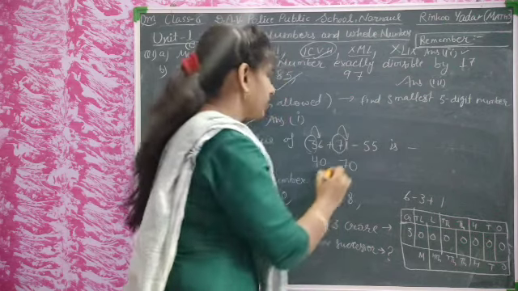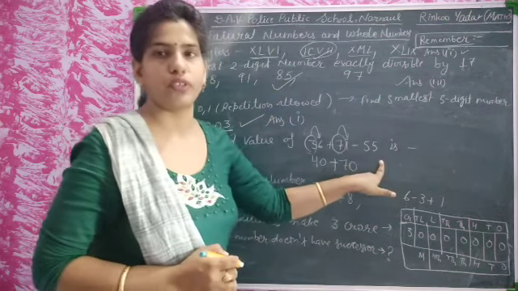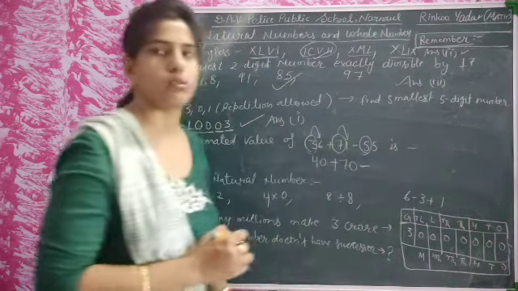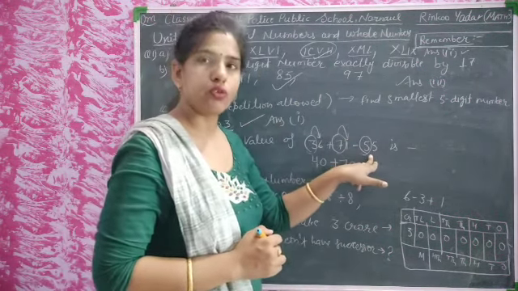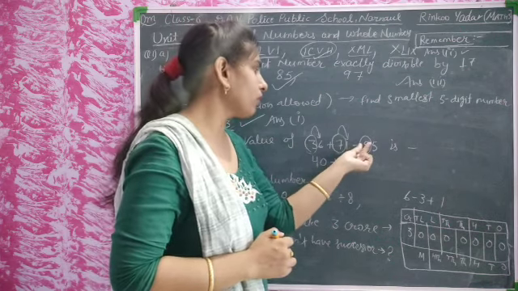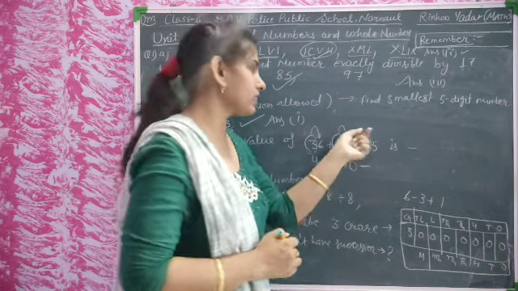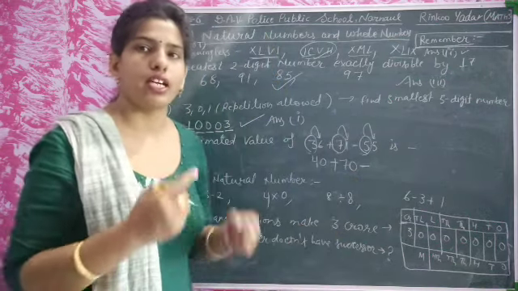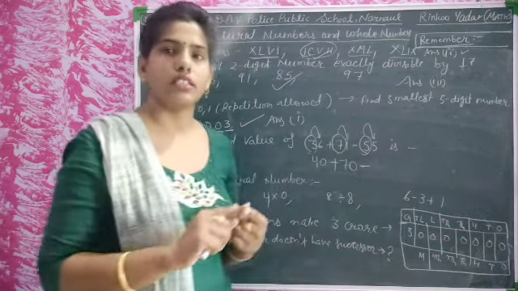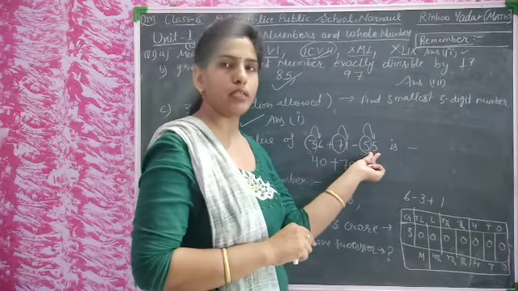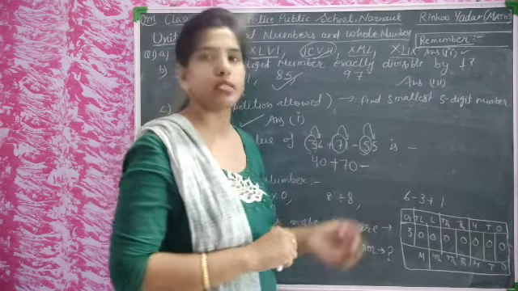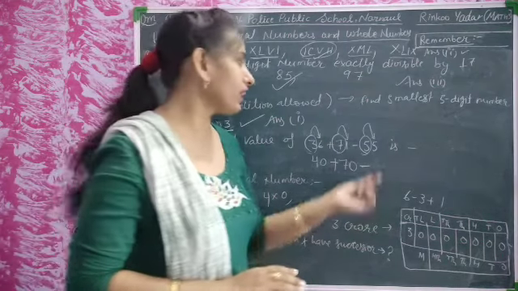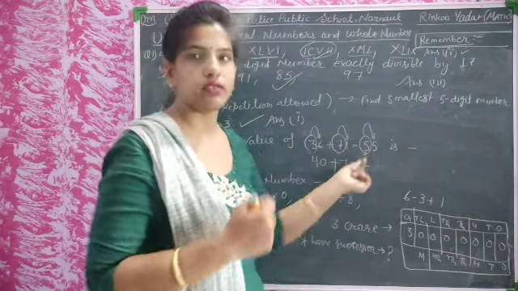Now next number is 55 here. For 55 we want to round off at tens place. So 5 is rounded off to tens place. Now check the right side number. There is the number 5, and if the right place digit is 5 or greater than 5, then we will add 1 to the circled digit.